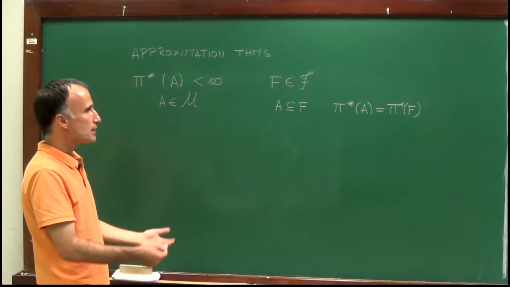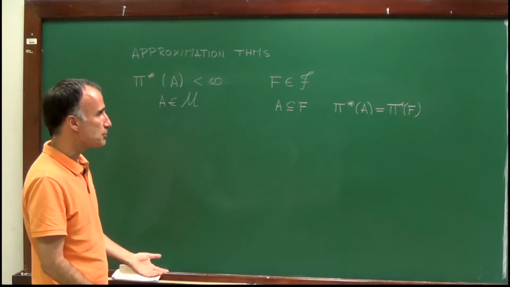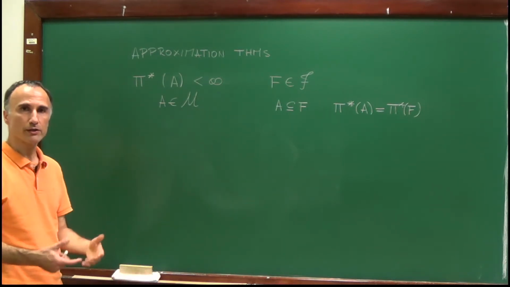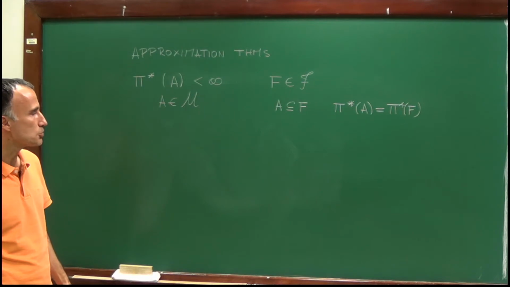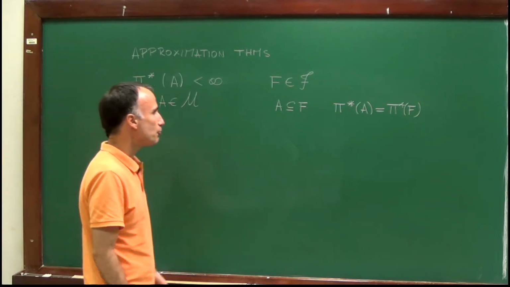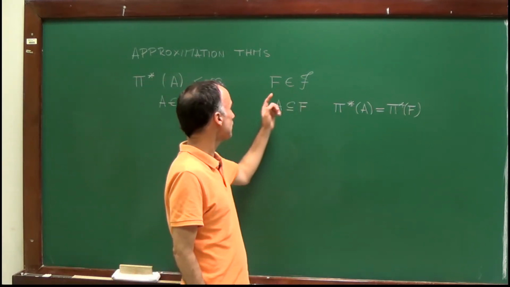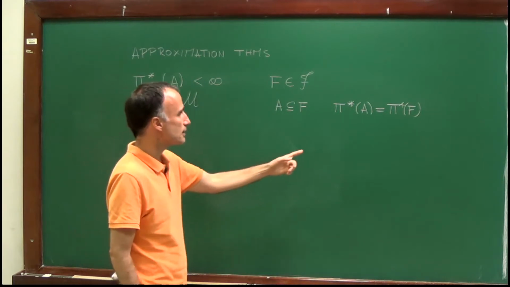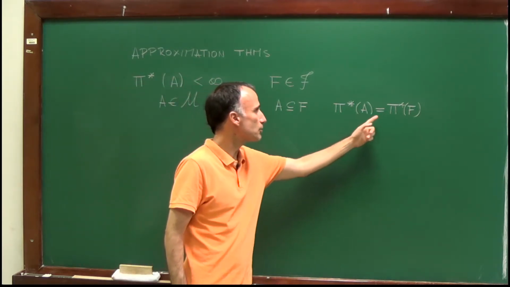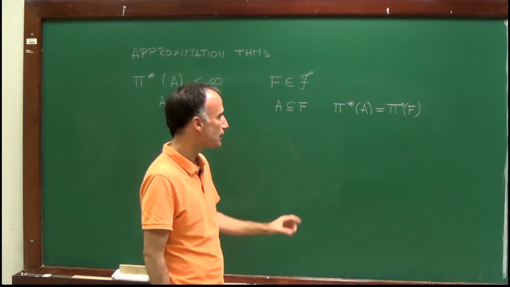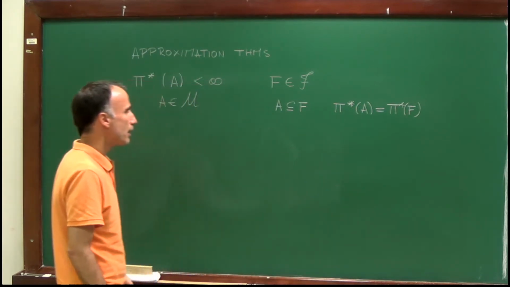So the advantage is that the elements of the algebra are very simple because they are all finite unions of elements of the semi-algebra. But the price to pay in order to approximate this element by sets of the algebra is that you are not able anymore to approximate them exactly, but you pay some error.